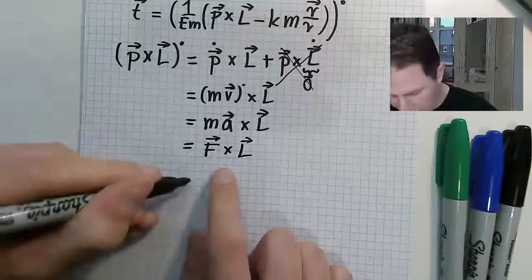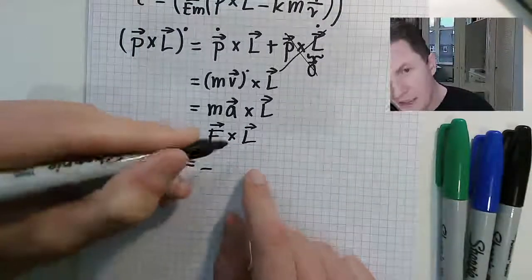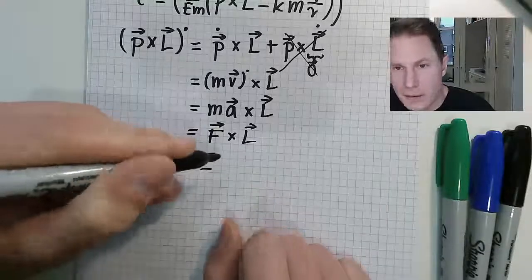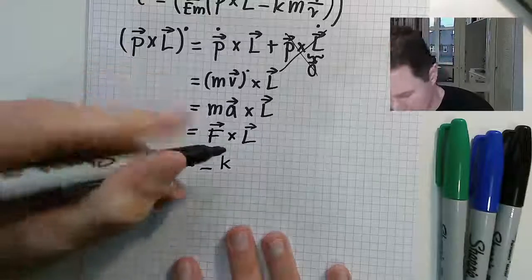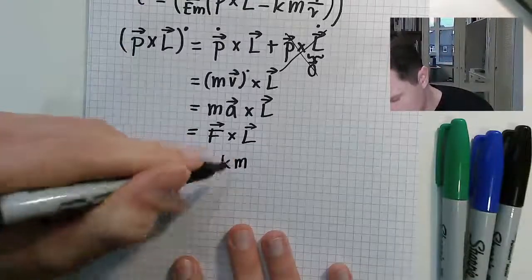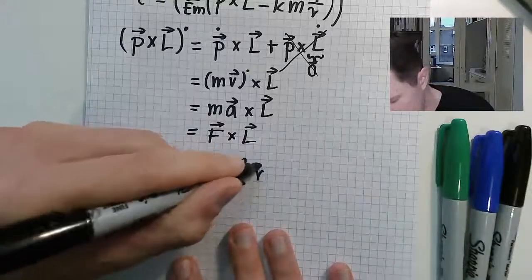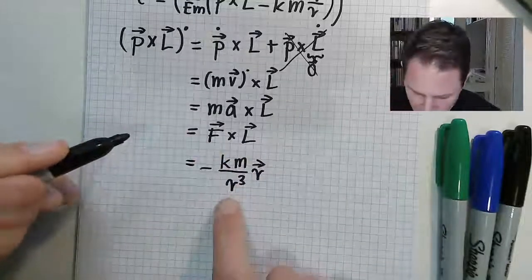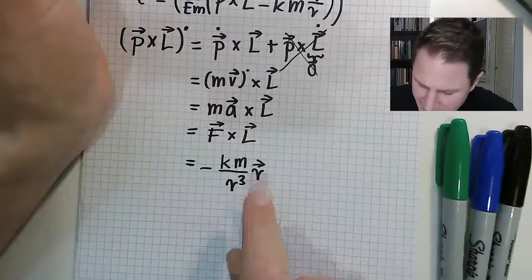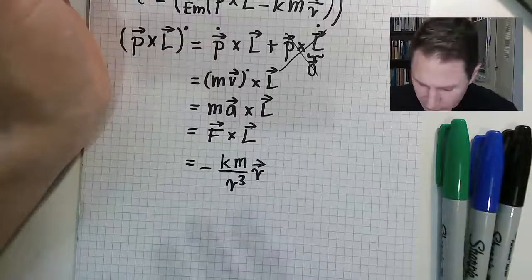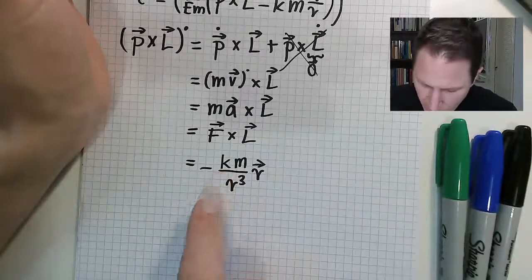Now, the gravitational force has the following form, of course: minus k times m divided by r cubed times r. So if you're wondering what this r cubed is doing here instead of r squared, well, we have to divide r by its length to get a unit vector, and then have minus k times m over r squared.